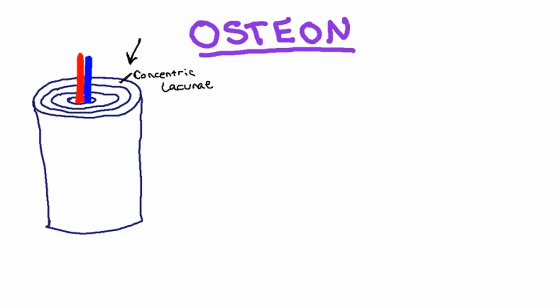And then in the center is the central canal, easy to remember because it's in the center of the osteon. And you have a capillary and a venule, which are just fancy terms to describe small arteries and small veins.